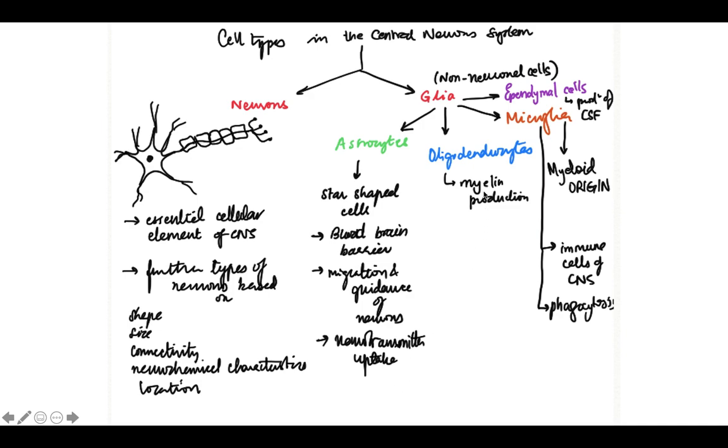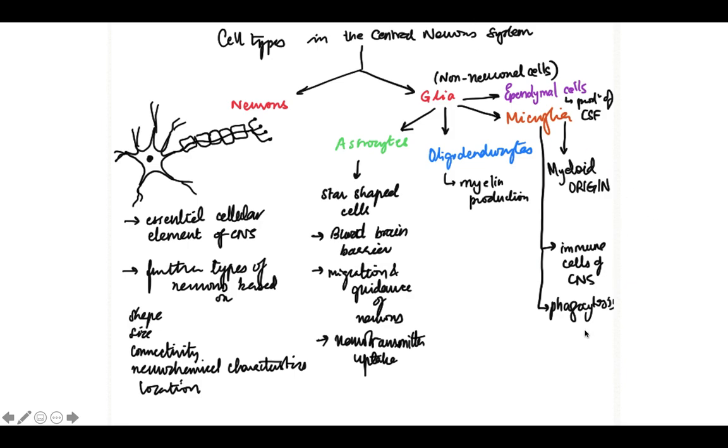And then oligodendrocytes are the cells in the central nervous system which produce myelin, which covers the axons of the neurons for faster electrical impulse transmission. And the microglia are a very different type of glia cells because they have myeloid origin, and these are the immune cells of the central nervous system.